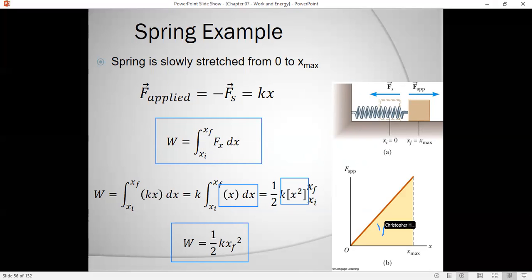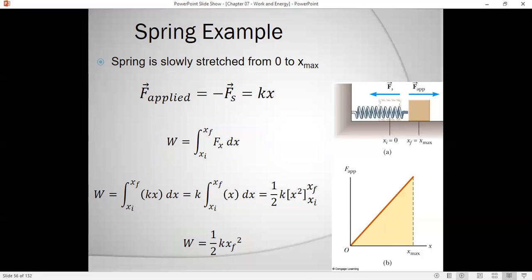In this particular case, the base is x. The height is kx, and that gives me 1/2 kx squared. x times x is x squared. Pretty cool. So that wasn't too bad. Once we knew how to do it, we could use the definition of work to find out the work done on a spring.